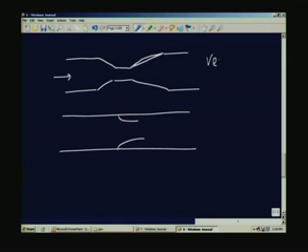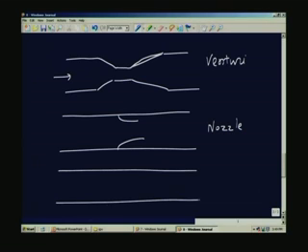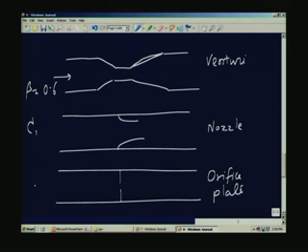So this is the Venturi, this is the nozzle, and I have the orifice plate, all having the same value of beta in each case. So what I have to do is work out the appropriate values of C for the case of the nozzle and C for the orifice plate.